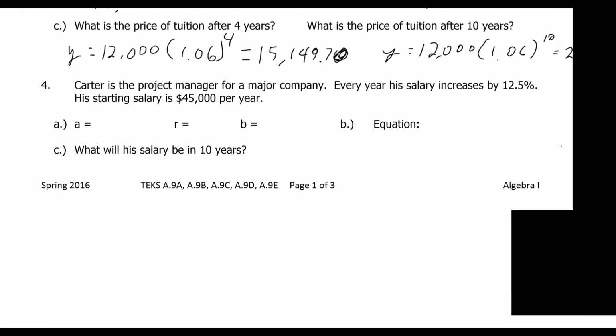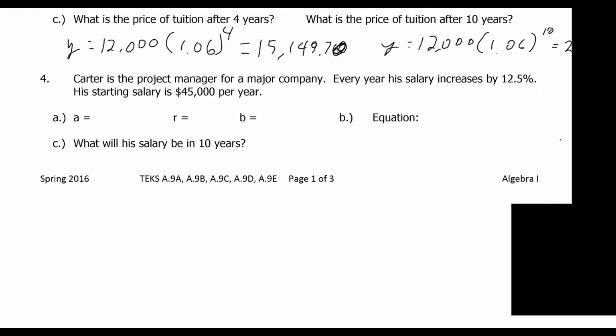Alright, number 4. Carter is the project manager for a major company. Every year, his salary has increased by 12.5%. His starting salary was $45,000 per year. Alright, so let's look into this. We got 45,000. And then the rate is 0.125.